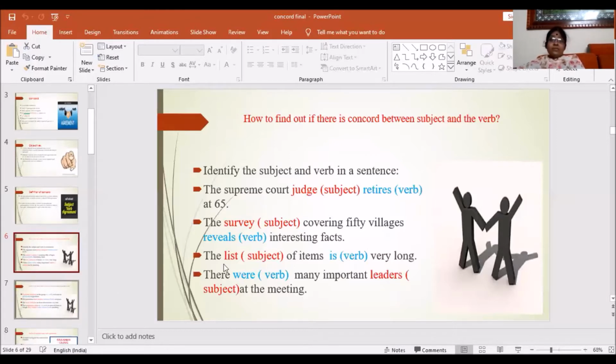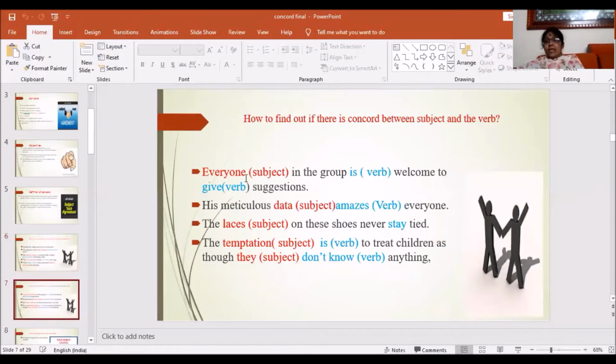Now let us look at one more sentence. Everyone in this group is welcome to give suggestions. Everyone is our subject, not the group. And see, here is is our verb and give also is our verb. The next sentence. His meticulous data amazes everyone. In this sentence, data is our subject and amazes is our verb.